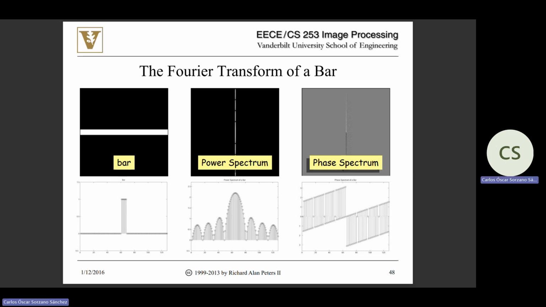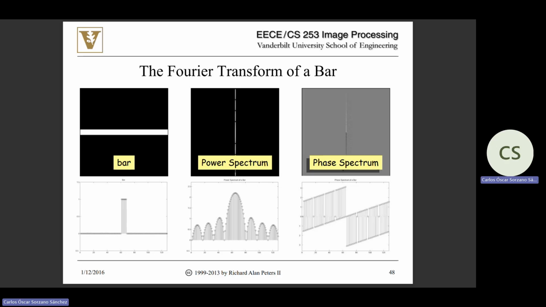What if it is a bar? In this direction it is flat, so if it is a constant, it behaves as a delta. And in the vertical direction, it behaves as a step function, whose transform is a sinc. So in one direction you have a sinc, and in the other direction you have a delta because it looks like a constant everywhere.